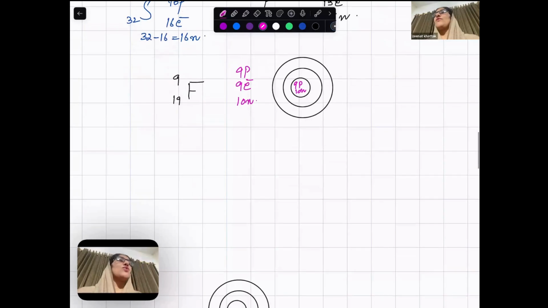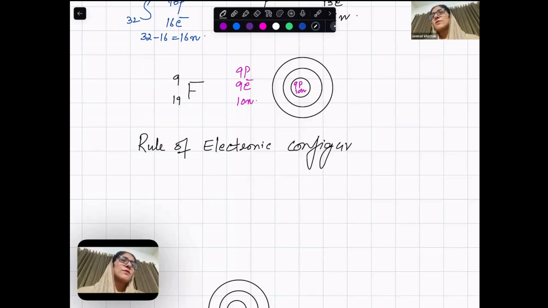You know the rule of electronic configuration. The rule is: first shell 2 electrons, second shell 8 electrons, then 8, and so on.